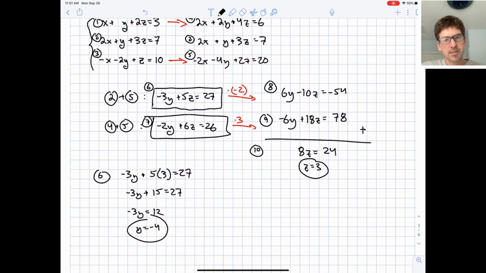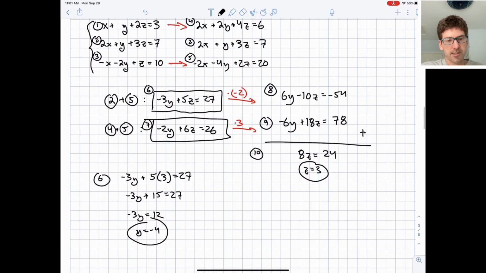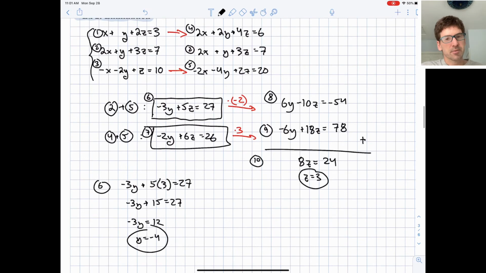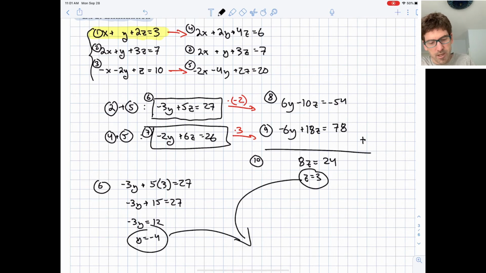So now we know that z is 3 and y is negative 4. So we can take any equation that has a z and a y in it and work on solving for x. And let's take the simplest equation, which is equation 1, way back up at the beginning, where we were told that x plus y plus 2z equals 3. So we will take both of these and plug them into equation 1.